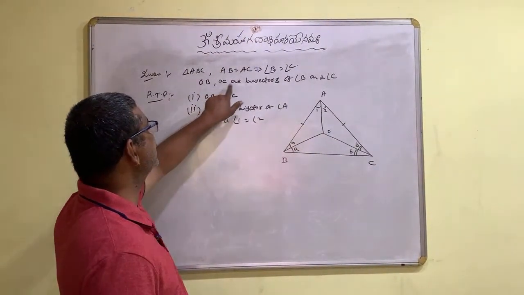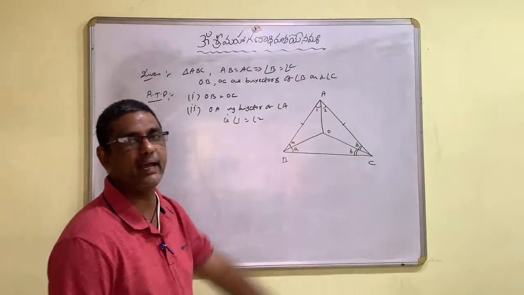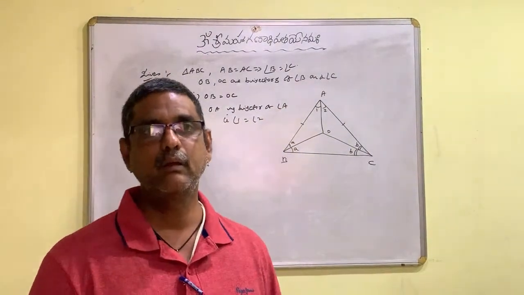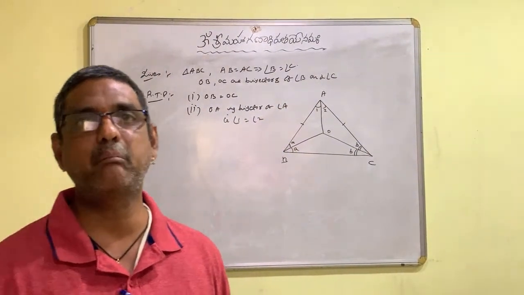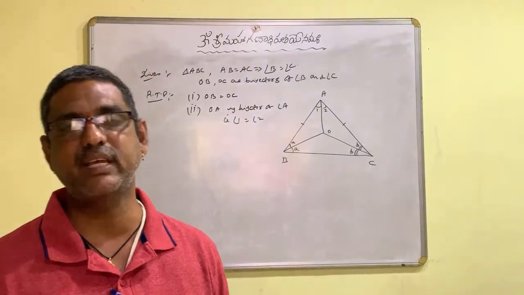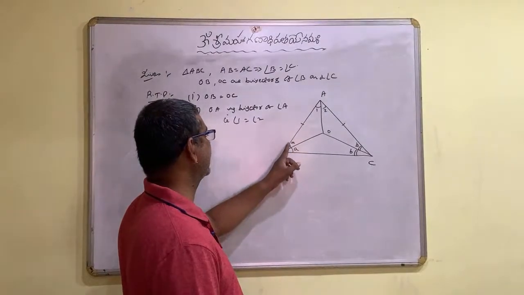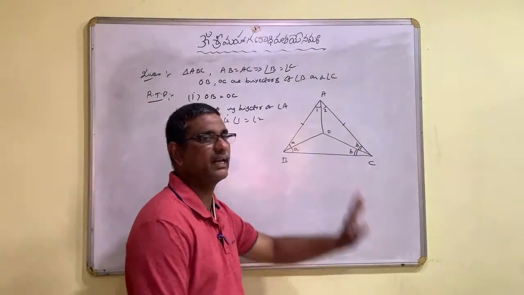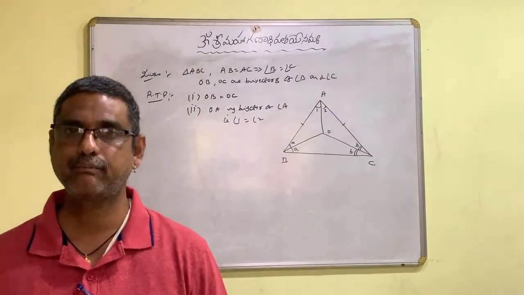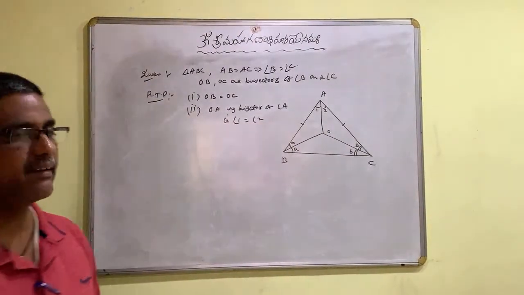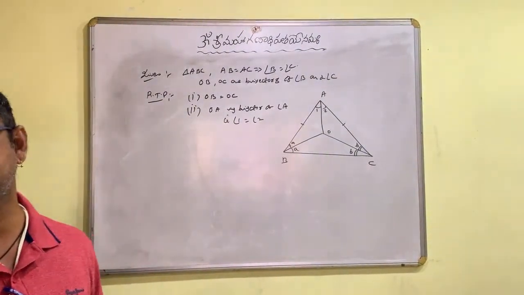OB and OC are bisectors of angle B and angle C. That means OB bisects angle B, OC bisects angle C. Bisecting means dividing into two equal angles.